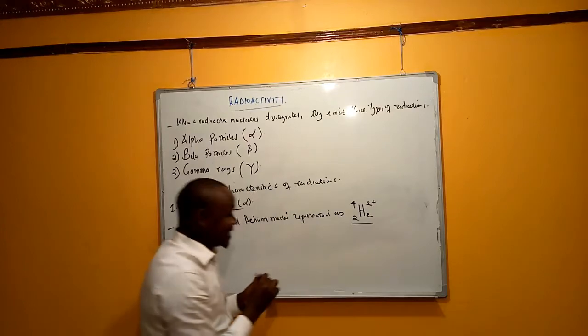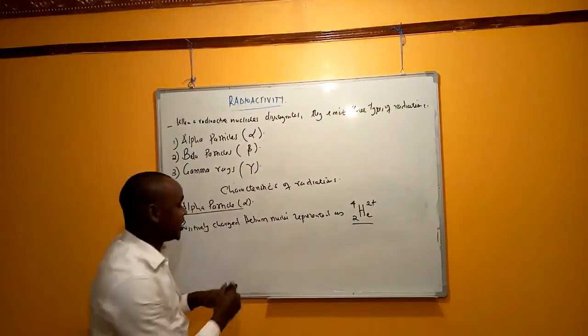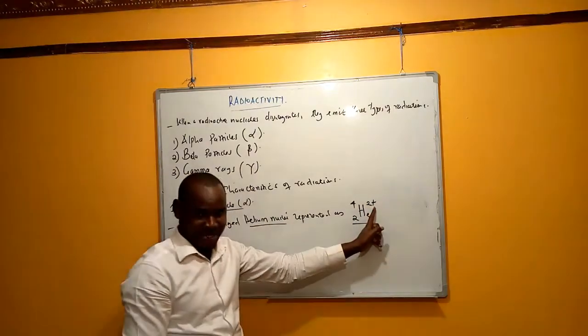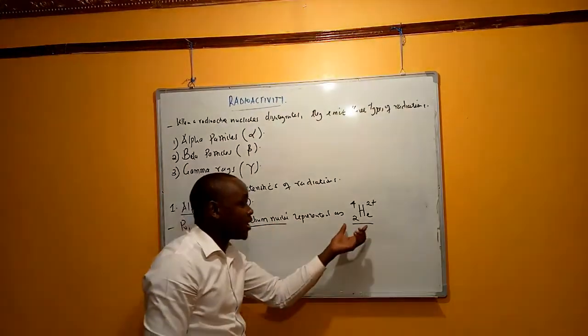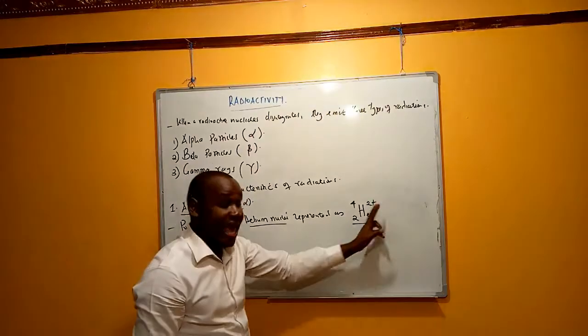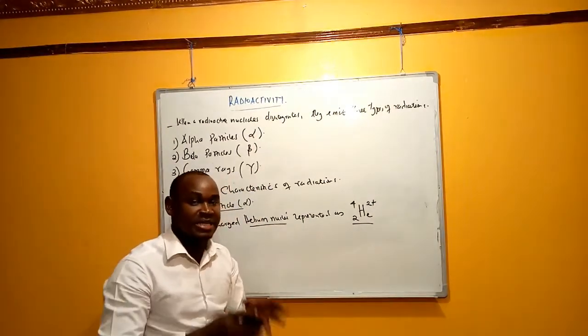So this is what we call alpha particle. It's a positively charged helium nucleus. When you say positively charged, it means, because you indicated a charge of positive 2 here, this is an atom's nucleus which has already lost 2 electrons, and therefore we call it a nucleus, since it has already lost the 2 electrons that were in its energy level.